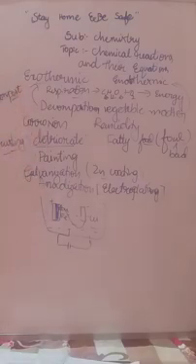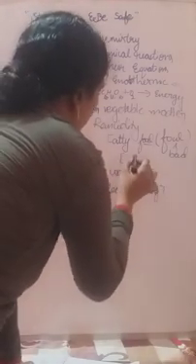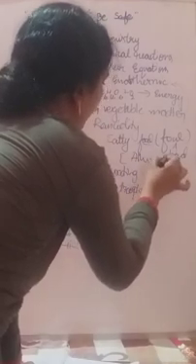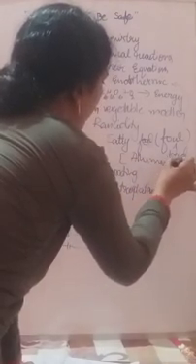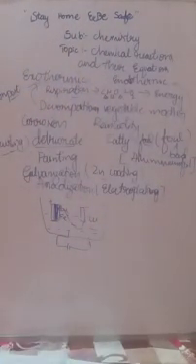Next we have to know how we can prevent rancidity. This rancidity can be prevented by proper packing. I think you know that nowadays food and everything is packed with aluminium foil. Why should the food be packed with aluminium foil?